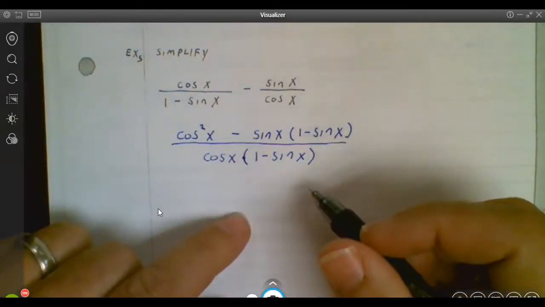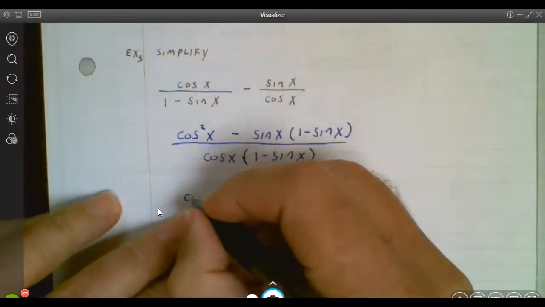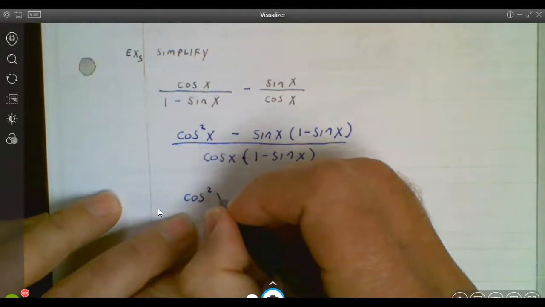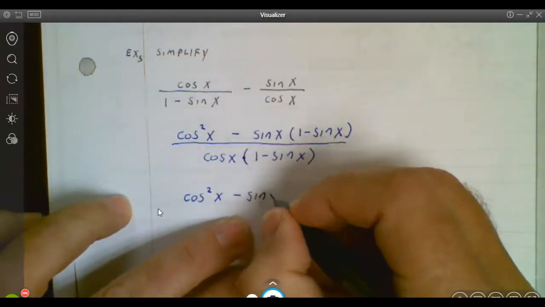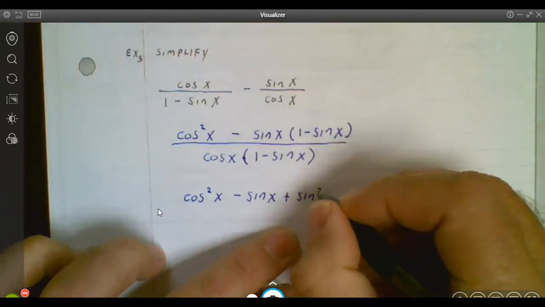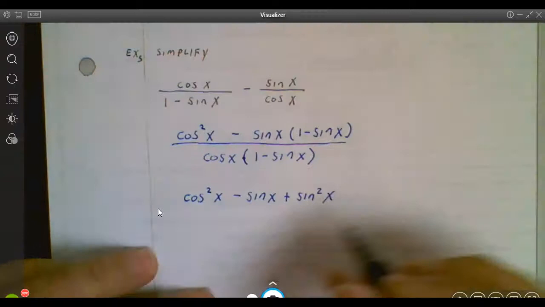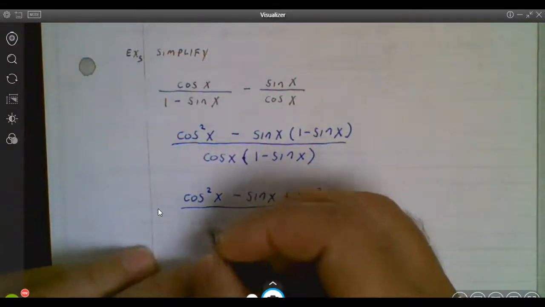If I distribute my negative sine x in my numerator, it's going to look like this. And hopefully you're already seeing what's going on up top.